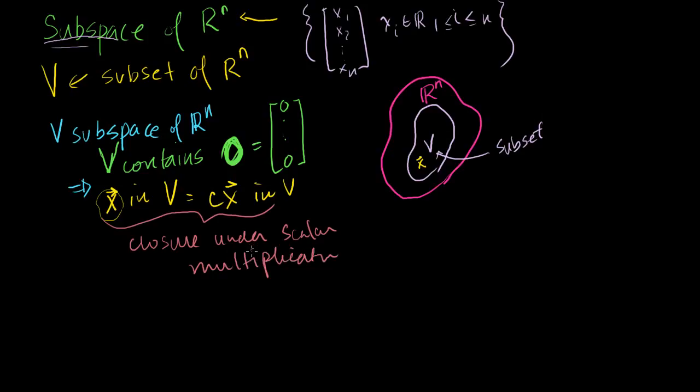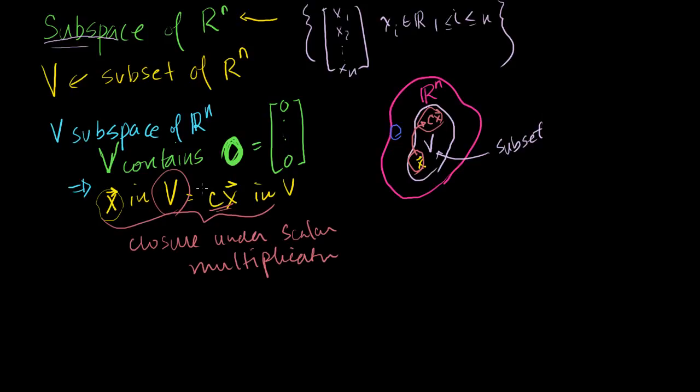That's just a fancy way of saying, if I take some member of my set and I multiply it by some scalar, I'm still going to be in my set. If I multiply it by some scalar and I end up with some other vector that's not included in my subset, then this wouldn't be a subspace.